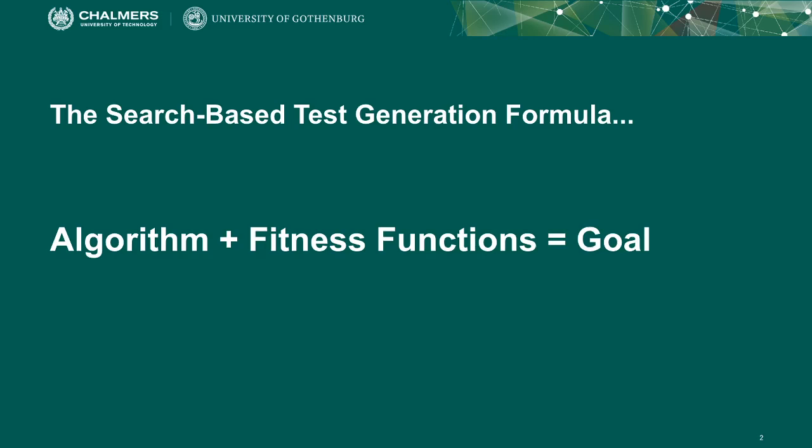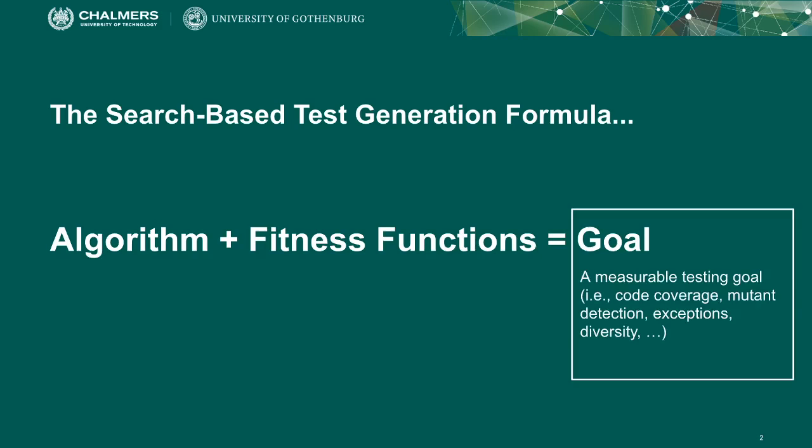Now, search-based test generation essentially follows a formula. In search-based generation, testers seek input that attains their testing goal, whether that's code coverage, detection of seeded faults, or any number of other possibilities.